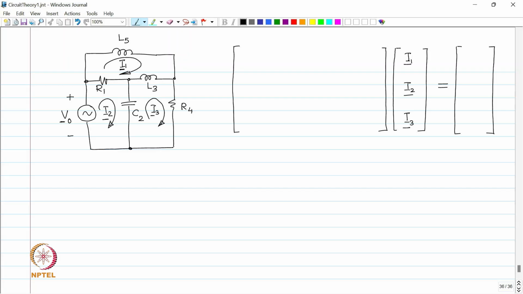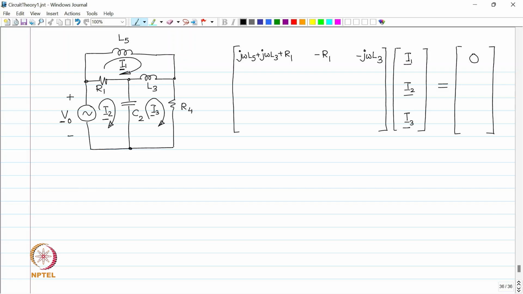J omega L 3 times I 1 minus I 3, fine, and drop across R 1 is R 1 times I 1 minus I 2. Is this fine?